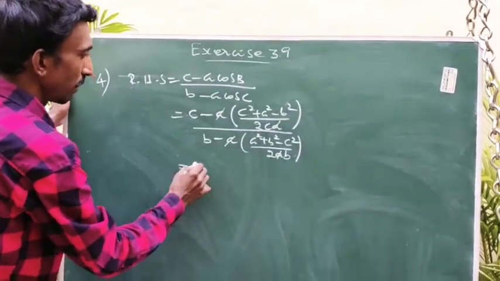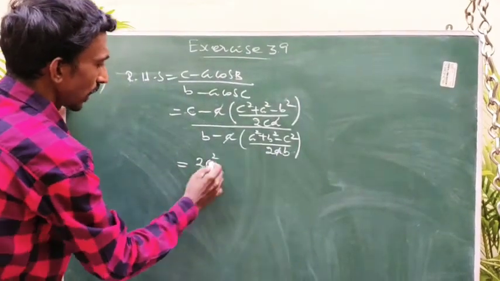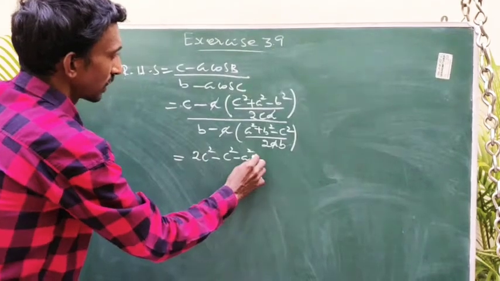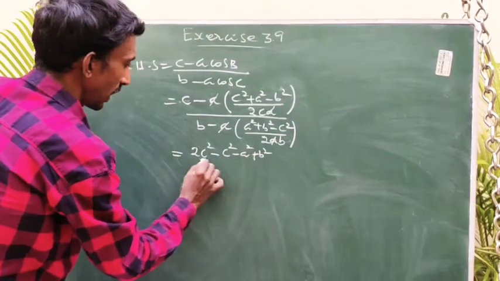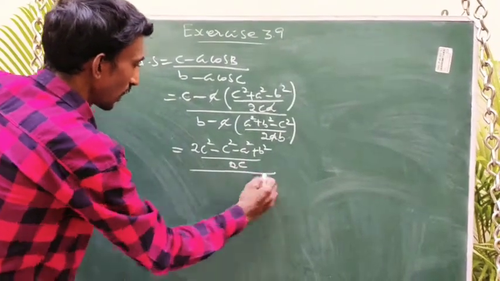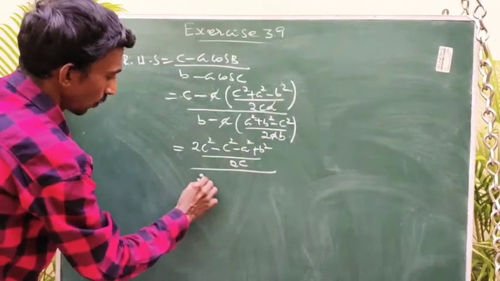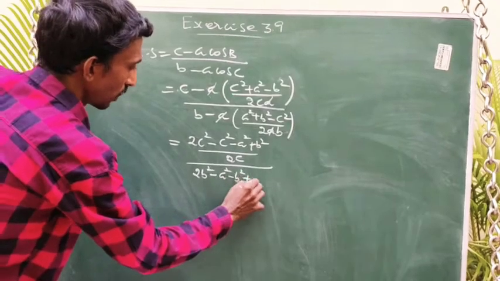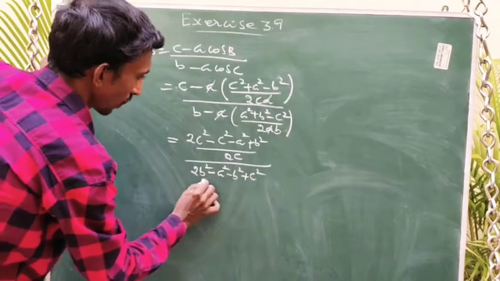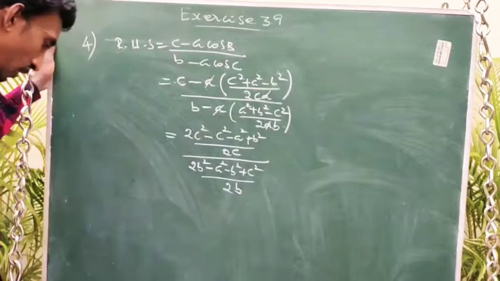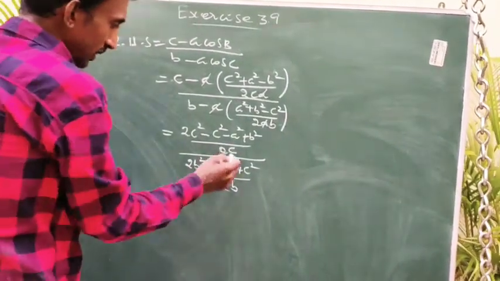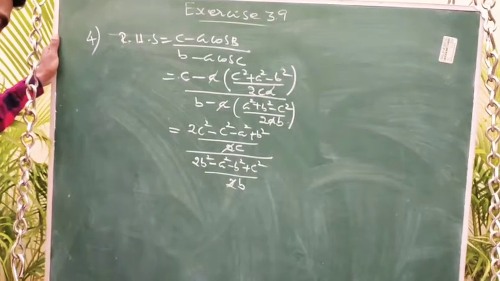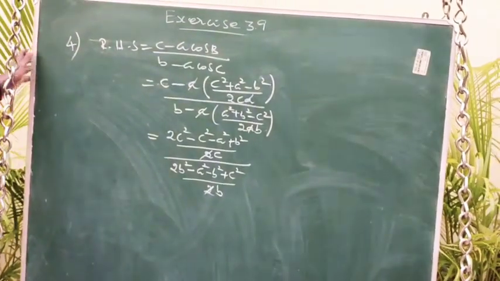So take the LCM: 2C square minus, multiplying by the negative, (C square minus A square plus B square) by 2C, whole divided by, again take 2B square, multiplying by the negative, (A square minus B square plus C square) by 2B. If you want, you can cancel this 2 and 2.